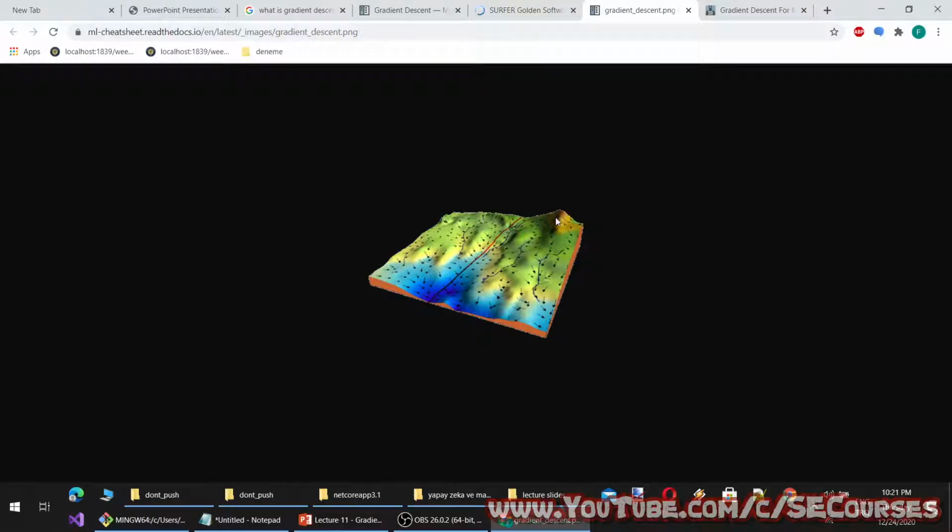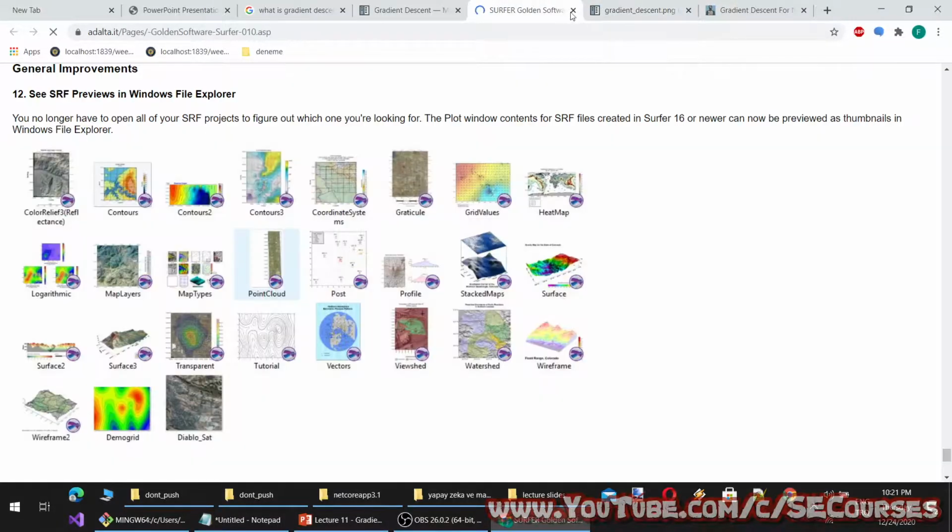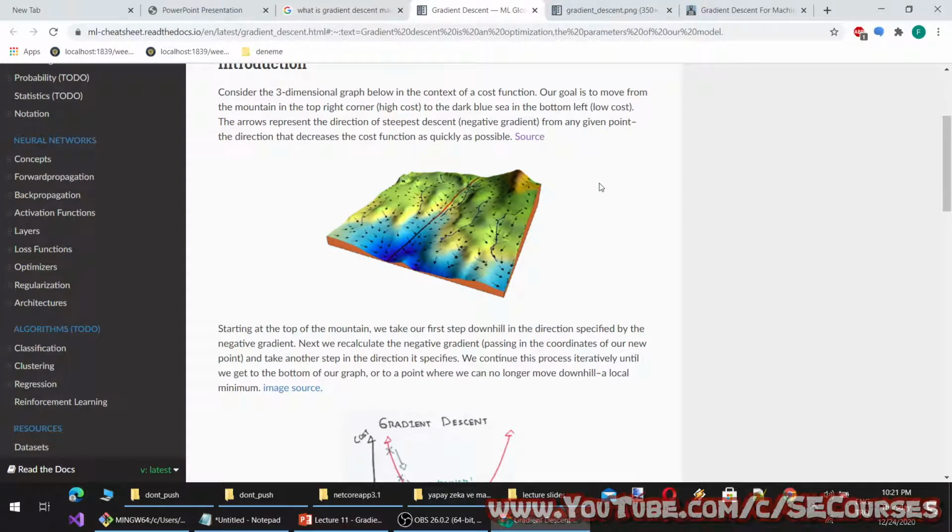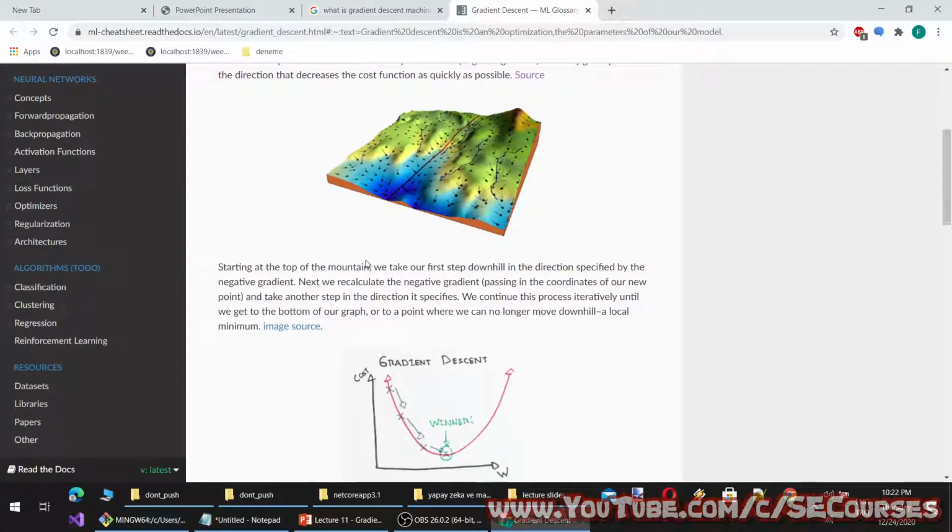And our aim is starting from this mountain top to getting to the lowest place. What does this mean in machine learning? It means that we want to minimize the cost function. Okay, so what is cost function and what is minimizing it? Okay, so let's look for that.